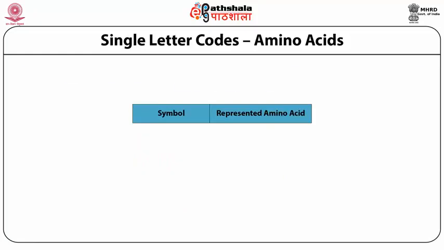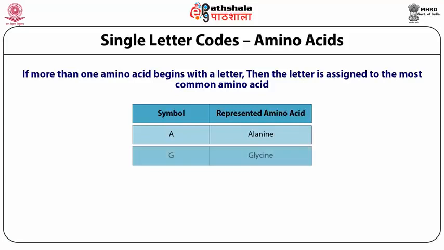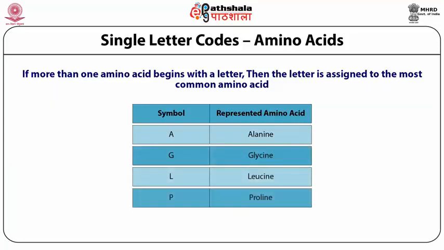However, when more than one amino acid begins with the same letter, then the letter is assigned to the most common amino acid. Five amino acids, that is alanine, glycine, leucine, proline and threonine, are assigned their first letter because they are the most commonly occurring amino acids.